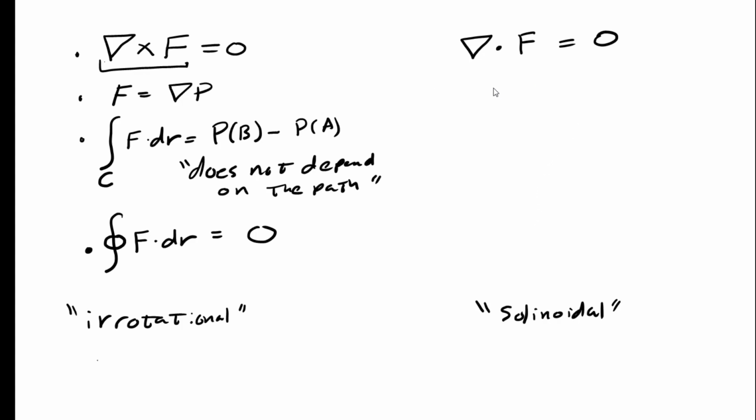But the thing to know is that f is equal to the curl of some function. So this one I know you guys didn't talk about, but this is called the vector potential here. But let's just see how it relates to these other ones.